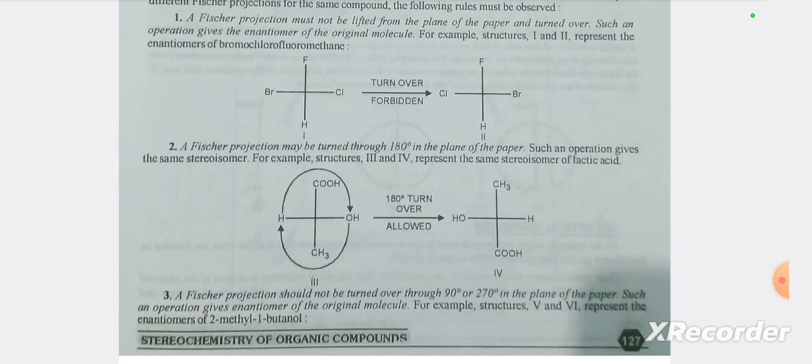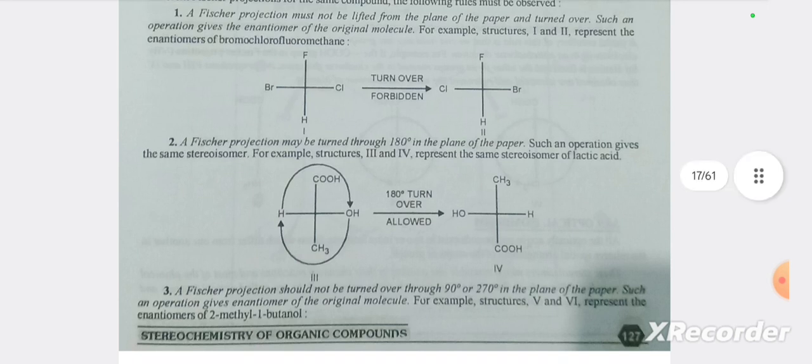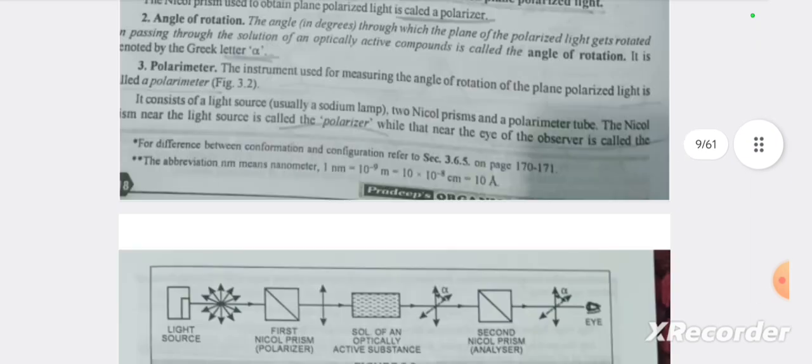Such an operation gives the enantiomer of the original molecule. For example, structures 1 and 2 represent the enantiomers of bromochlorofluoromethane. Second, a Fischer projection may be turned through 180 degrees in the plane of paper. Such an operation gives the same stereoisomer. For example, structures 3 and 4 represent the same stereoisomer.